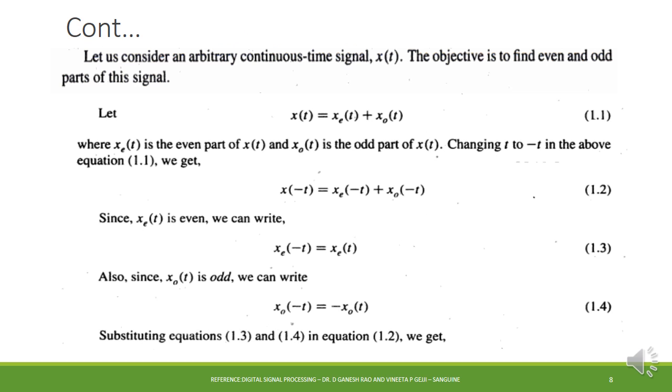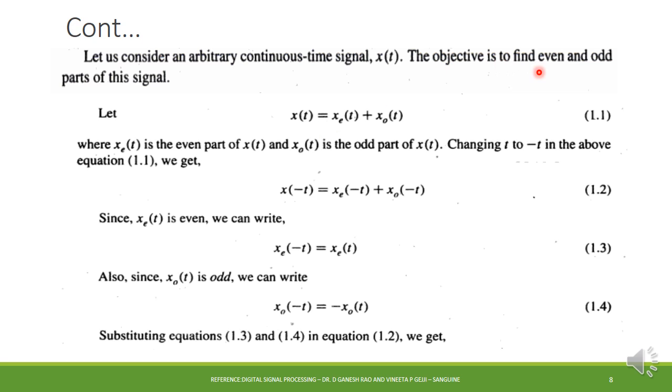Let us do one derivation for the even and odd signal. Here we are considering one signal that is the combination of even signal and odd signal. And in that combination, we have to find out which part is called the even part and which part is called the odd part. Let us consider an arbitrary continuous time signal called x of t.